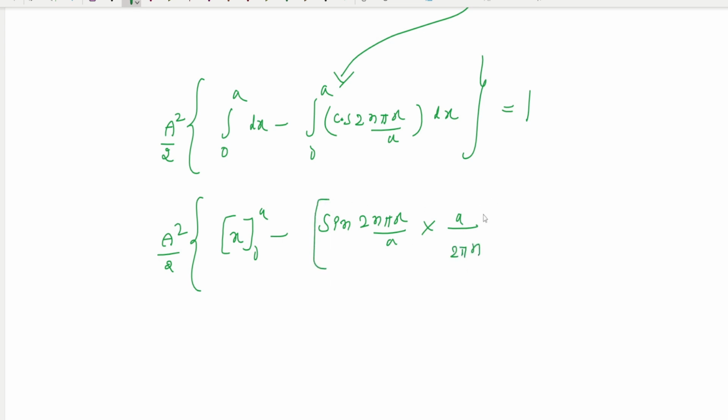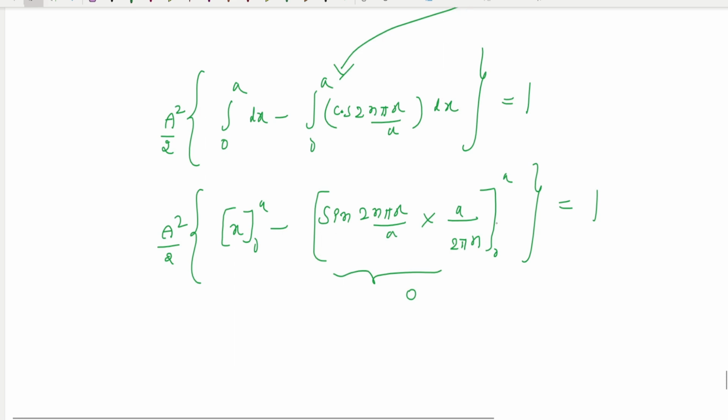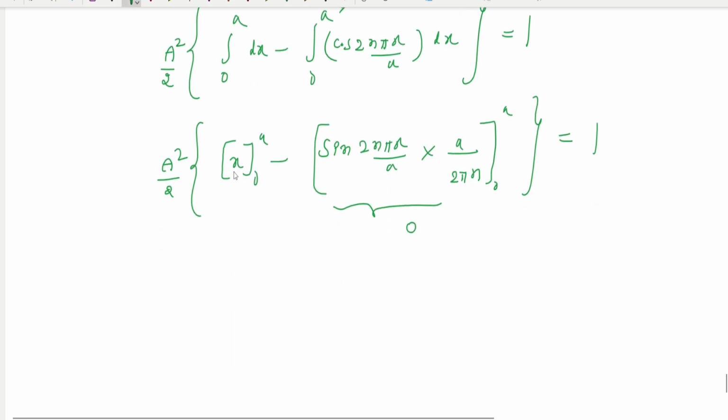This also has limits 0 to a. If you observe clearly, at 0 you get 0, and at a this entire term is going to be 0, so finally you get only the x value. Therefore the final equation is A squared divided by 2 into small a, that is equal to 1.